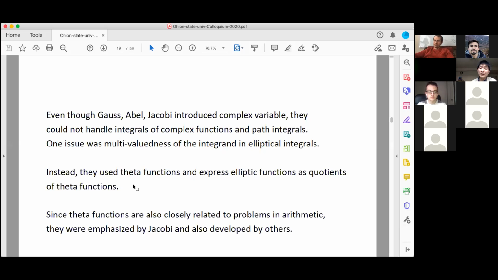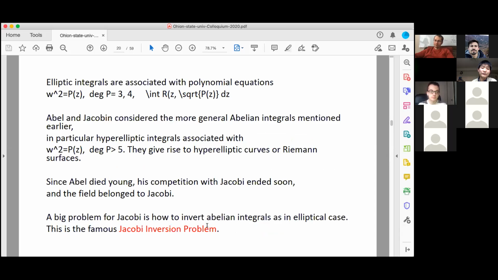So they avoided integrals. Since the theta functions are closely related to problems in arithmetic number theory, they were emphasized by Jacobi, and also developed substantially by others. So theta functions are very useful. Now, elliptic integrals were associated with a polynomial equation of degree 3: w squared equals P(z).